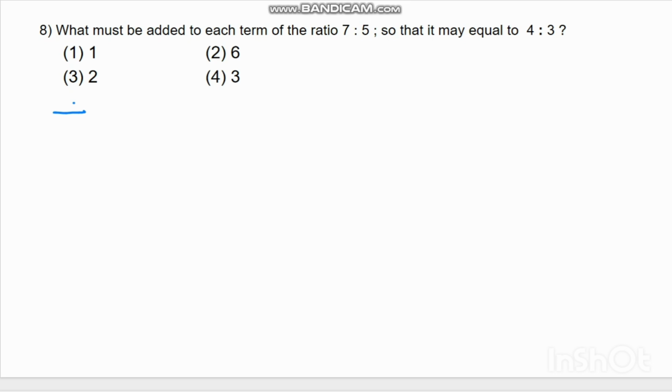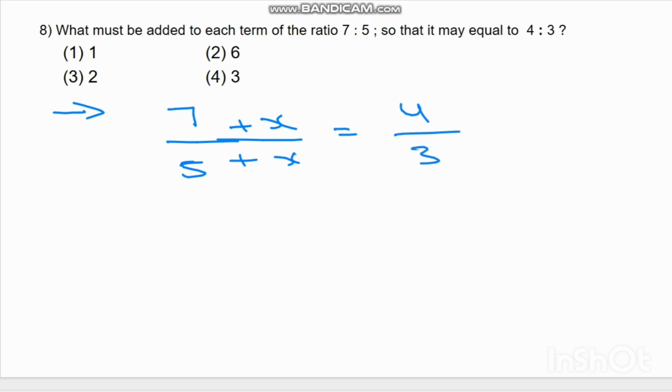Right, this is also same type of question. So given that 7 by 5 by adding some term, here we got a ratio of 4 by 3. By doing a cross multiplication, 7 3s are 21 plus 3x equal to 4 5s are 20 plus 4x.